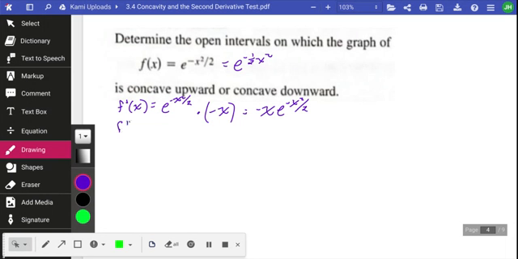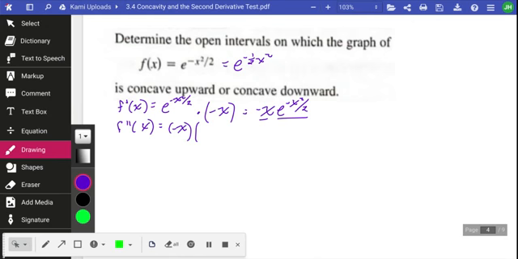Then f double prime of x, we're going to have to product rule. We take the first times the derivative of the second, and we already know the derivative of the second: it's exactly the function we derived earlier.